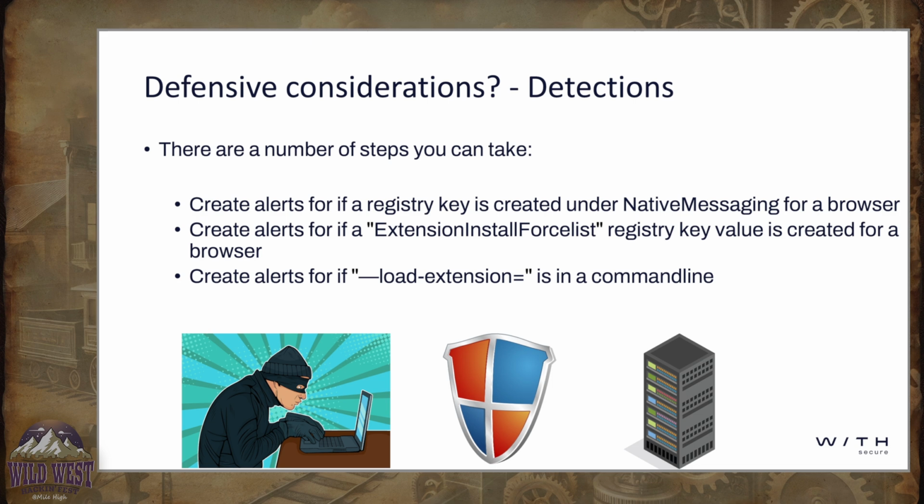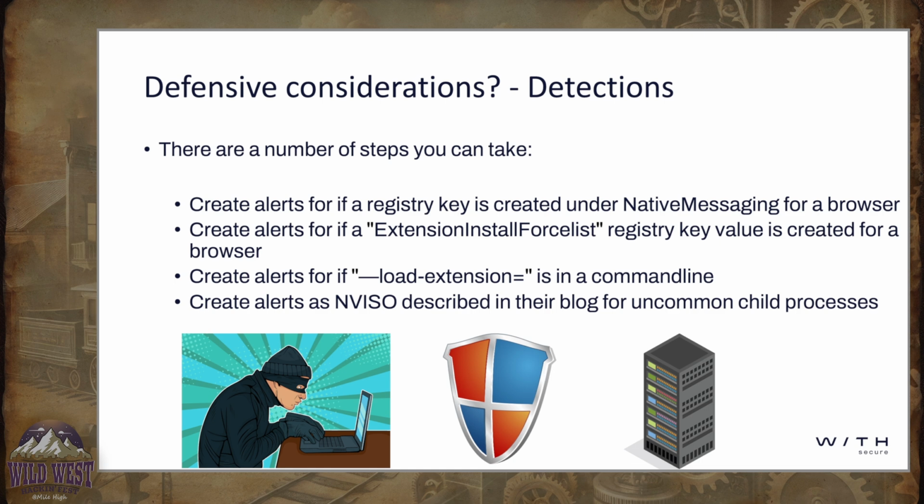Maybe if you've got an extension development team, you might see this, but it should probably be investigated because, again, it's not going to be likely, and if it is there, it might be someone trying some of those delivery techniques that we mentioned. And then the final thing is creating alerts as Enviso described in their blog for uncommon child processes, because again, this could have potentially caught our technique if it was investigated before it even existed. So it could probably also catch other things as well that maybe don't exist yet.